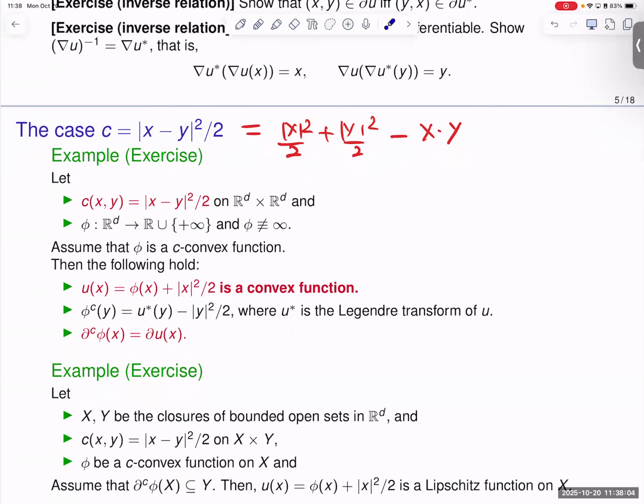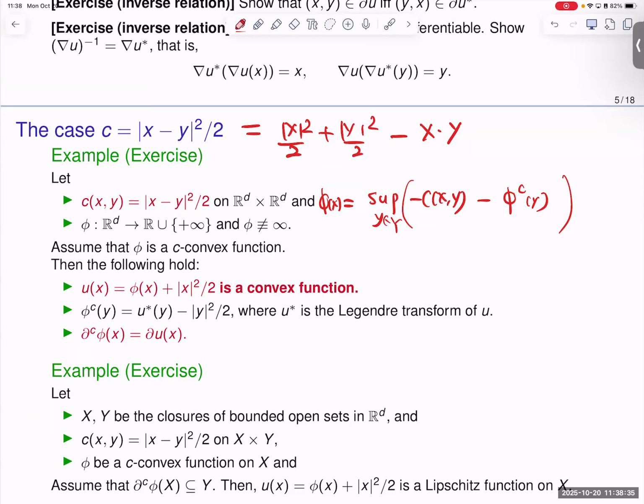First of all, c-convex functions are given in this way: a supremum of, the c-Legendre transform of something. This is a characterization of a c-convex function.